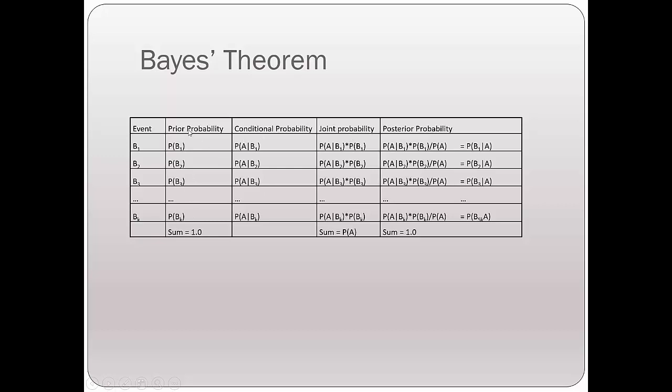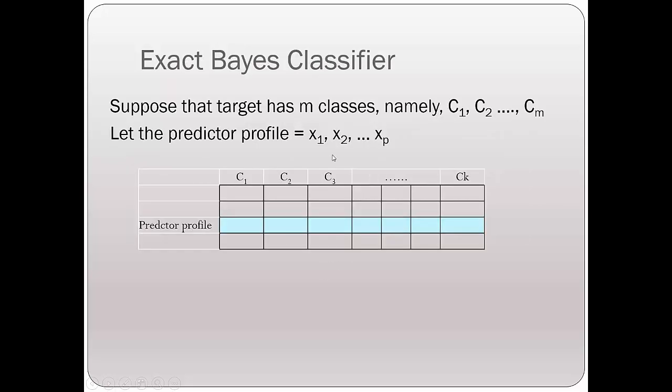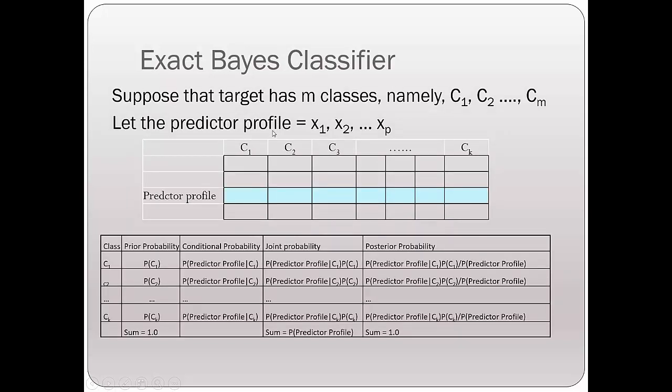So now you have the prior probability and the conditional probability from the data, and then the rest is pretty mechanical. You multiply this way, add them up, and then divide that into each joint probability. So that's what will happen here. You take C sub 1 through C sub k. In the case of a binary target, you will have only 2 rows.